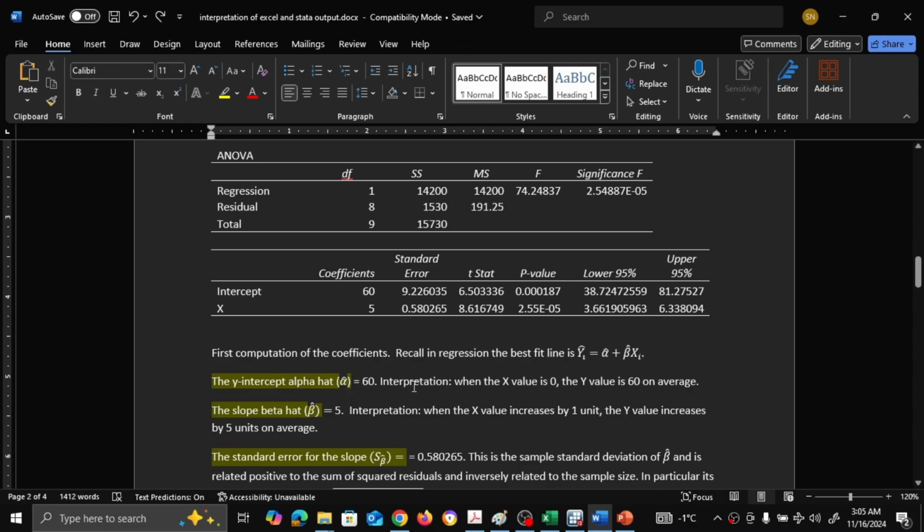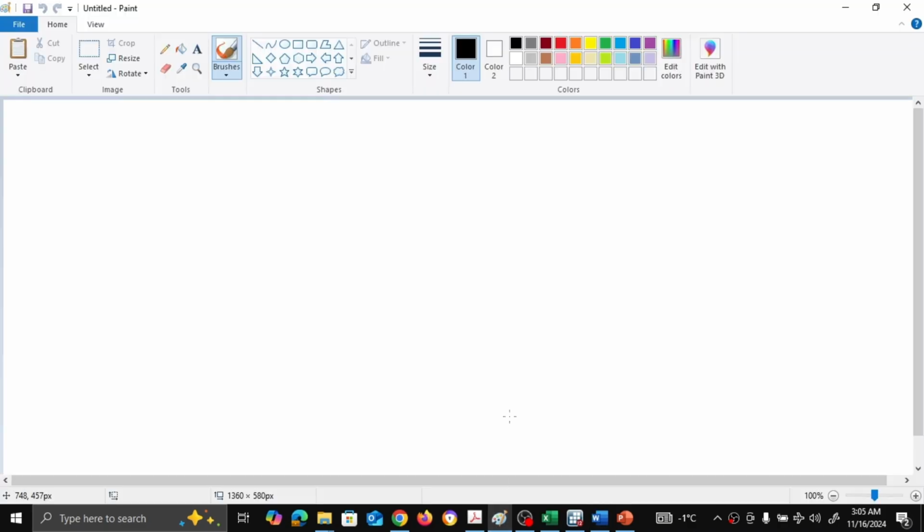So let's try and graph it a little bit here. Like this. So anyway, the whole point is you have some points. Okay, like this, like this.